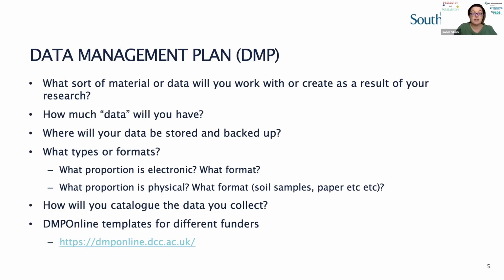Some universities also have that embedded in their own research process. So for example, at Manchester, if you're starting any new project and you want a bit of space on the central file servers, you have to complete a very standard Manchester specific DMP, which they actually host on DMP Online.